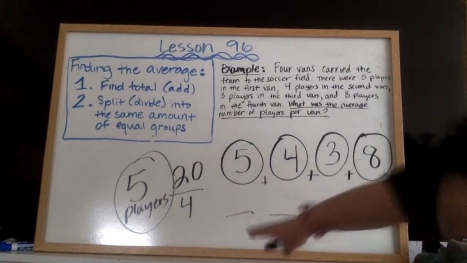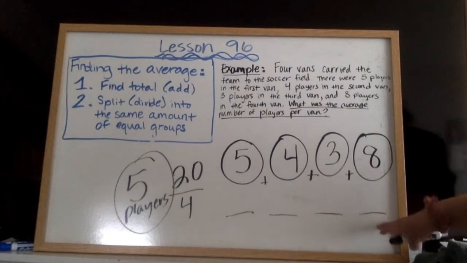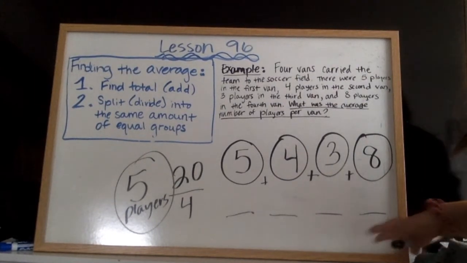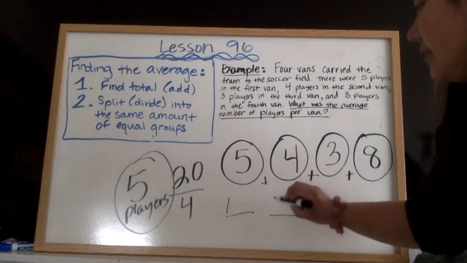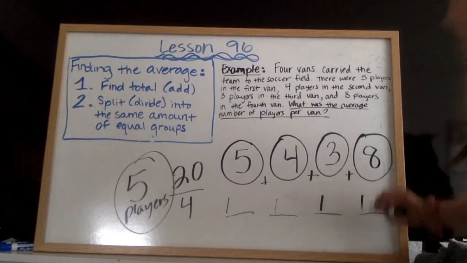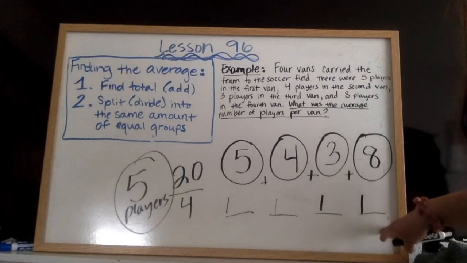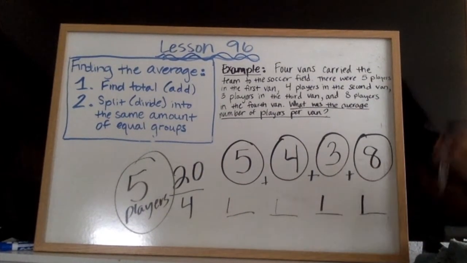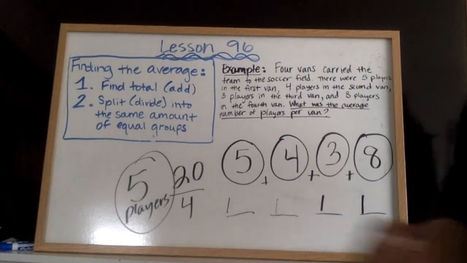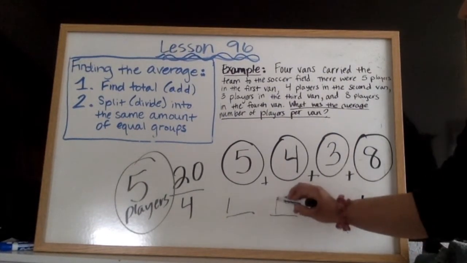So all the vans are empty now, and I tell them they can load one person into each van first. So one person, another person, another person, another person. All vans are equal right now. We have 1, 2, 3, 4. If I continue this pattern up until we get to 20, we will figure out what the average is in each of the vans.